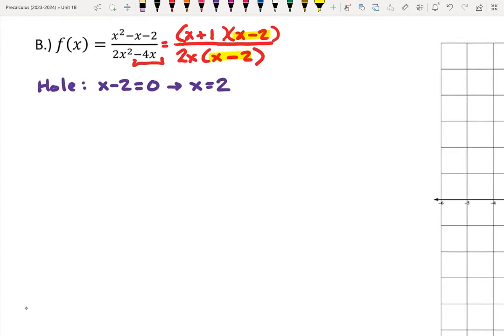But if I plug in 2 straight into my function, I would get 0 over 0. So how do we find out where the hole is located? Well, what we do is we're going to plug it into what is remaining to find that point. So plug in to what is remaining.